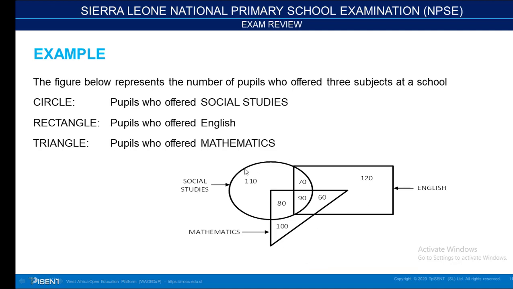Now, social studies, the circle, and mathematics, the triangle. We can see number 80 is found inside the circle and also inside the triangle. So therefore, these 80, they are those people who are offering social studies and mathematics.